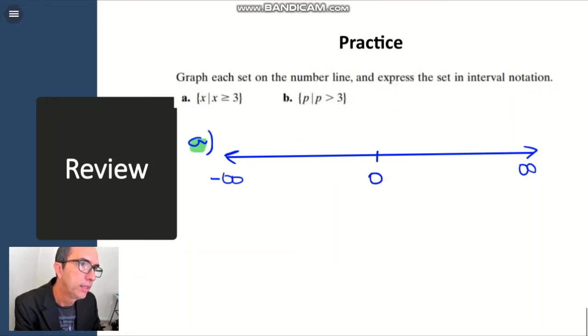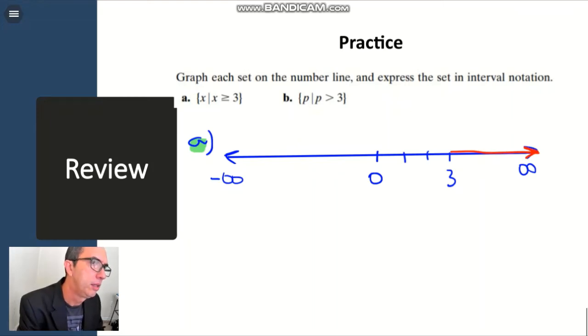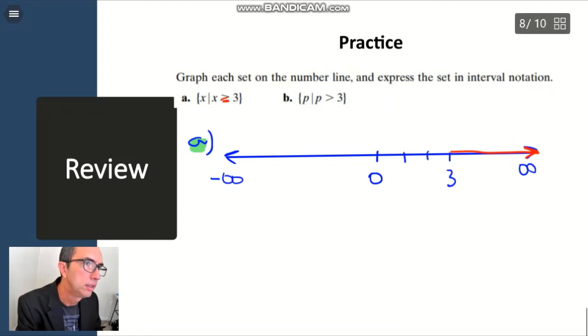And x is greater or equal than 3. 1, 2, 3 to the right, because it's positive, right? 3. And everything that's greater than 3 is included in the set. And is 3, the point 3, included or not included? See, there's an equal. Yes, it is included.